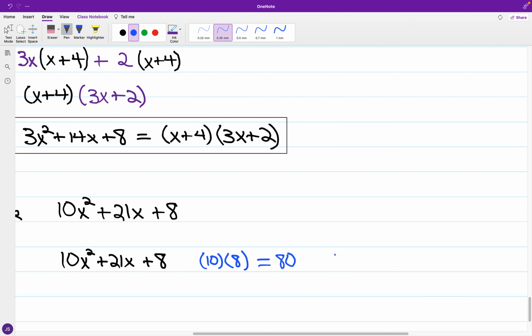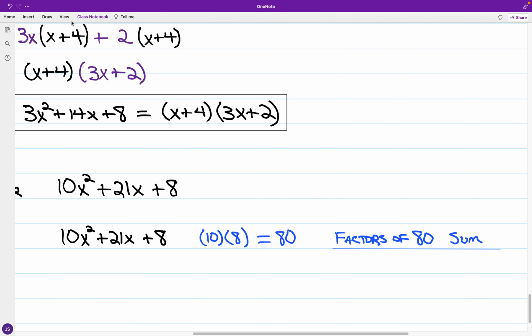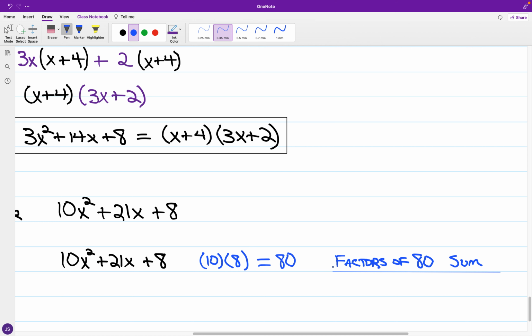And we're looking at factors of the product that will add up to 21. So we start out with 10 and 8. 10 times 8 is 80. However, 10 plus 8 is 18.